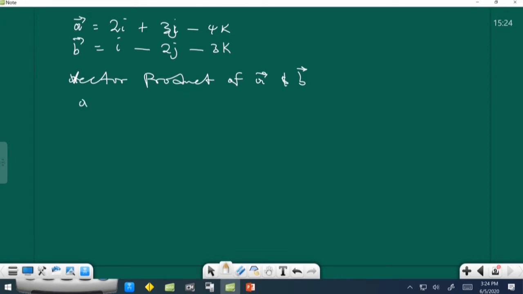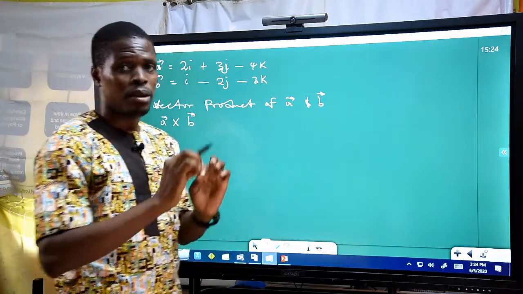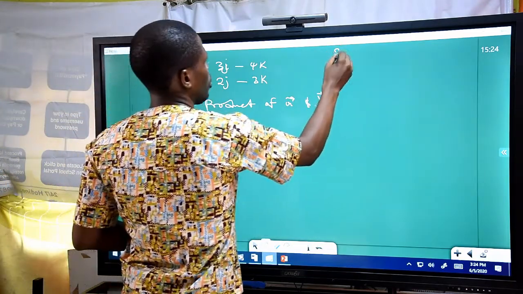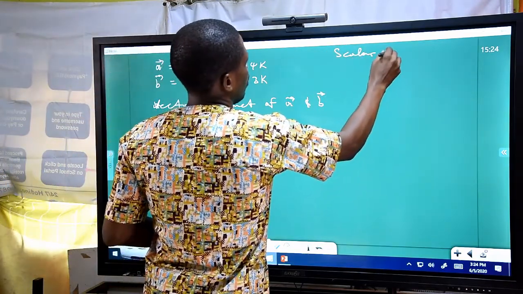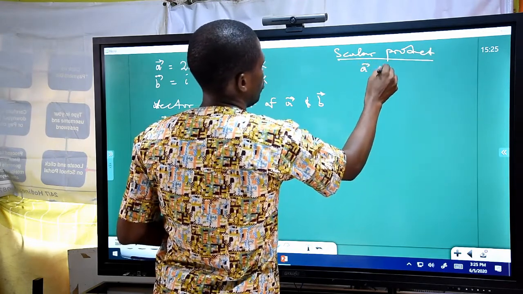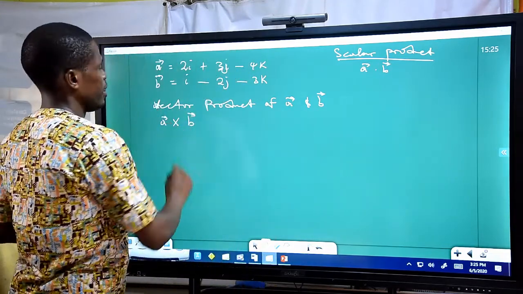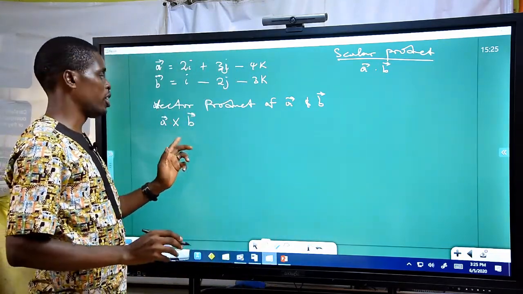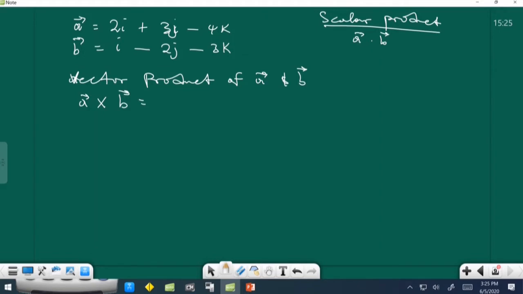That means A multiplied by B. When we talk about scalar product, we say dot: scalar product is A dot B. But for vector product, we say A cross B. You can call it cross or times. So that will be equal to the vector 2i plus 3j minus 4k cross i minus 2j minus 3k.